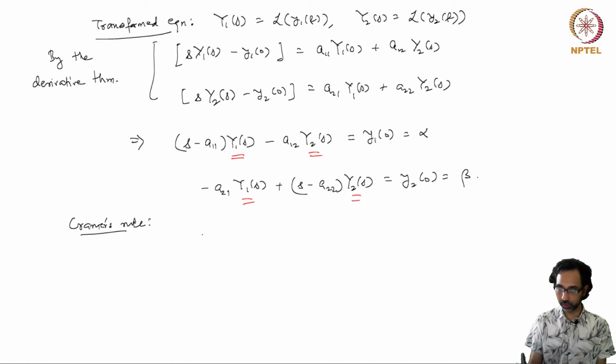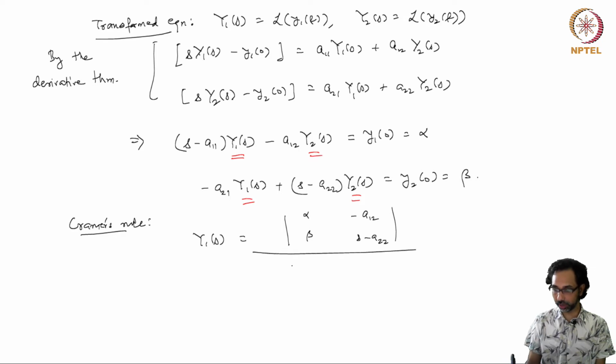So for Y1(s) we get the determinant of the matrix with rows alpha, minus a12 and beta, s minus a22, divided by the determinant of the matrix with rows s minus a11, minus a12 and minus a21, s minus a22. So you will get a rational function in s.